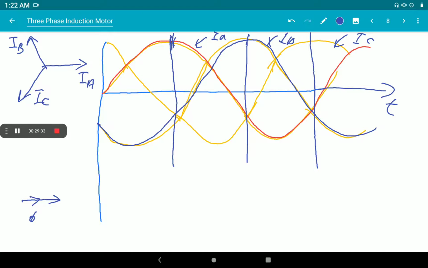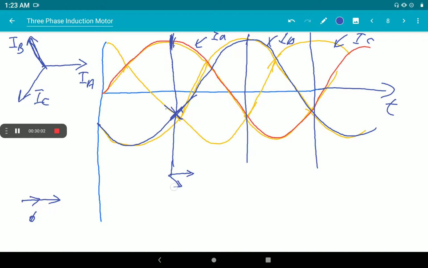So at this first positive peak, what will be the current? IA is positive, but the values of IB and IC at this instant will be negative. So we have to consider the vectors here. IA direction will be like this, but the direction of IB actually comes this way, right? Look here, IB is in this direction, but we have to consider minus IB.